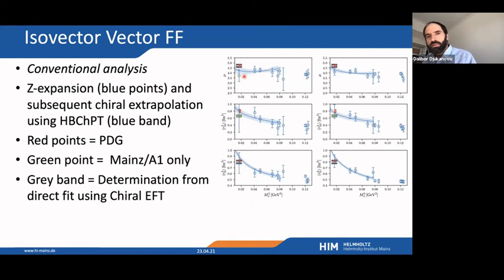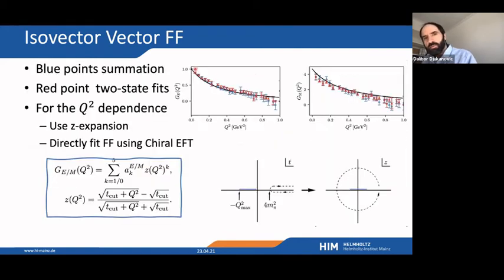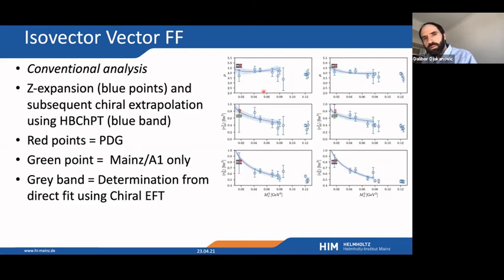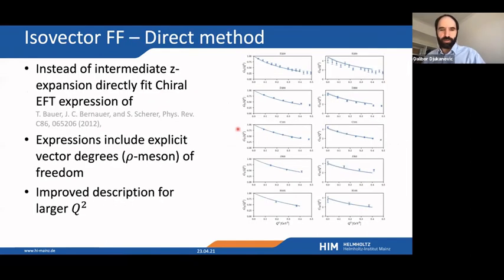But just to remind you, you have a lot of data for Q squared to get just this one point here for E250. Now, this red point is, of course, because there are no isovector quantities in the real world. So what we did here is we took the PDG values for proton and neutron and combined them to give the isovector quantities. Now I want to show you the direct fits that we do.